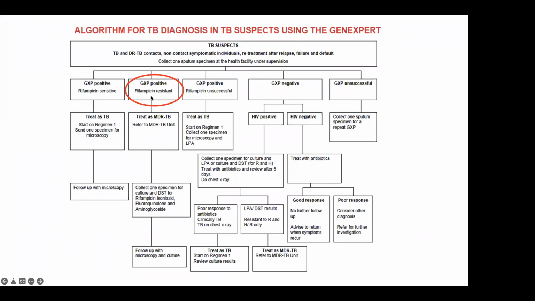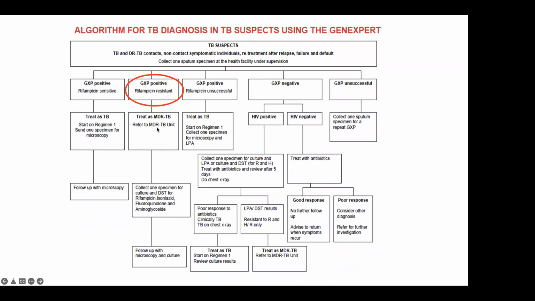Once your GeneXpert is positive and the rifampicin is resistant, the patient has to be treated as MDR. You refer, or if you are working in a decentralized facility, you initiate your patient on second-line anti-TB drugs. Then you also collect further specimens. This is different: for sensitive TB, once we had the diagnosis, we only collected sputum for microscopy.